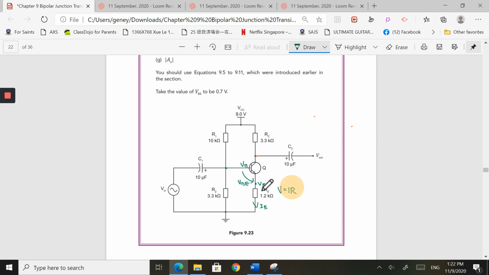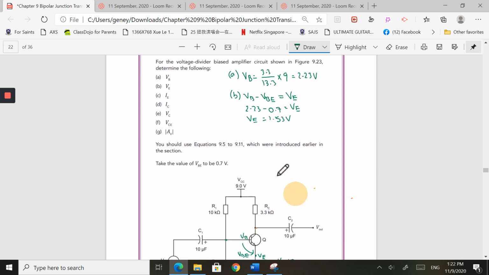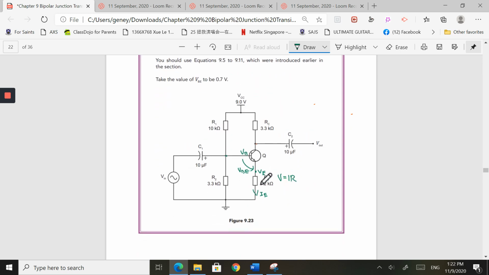I've got the voltage, 1.53, all the way to 0 volts, so I know the voltage across this fella is 1.53, and this will be equal to the emitter current, IE, multiplied by the resistor, which is 1.2K.